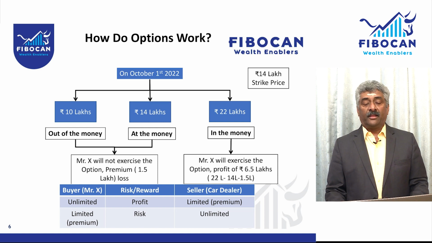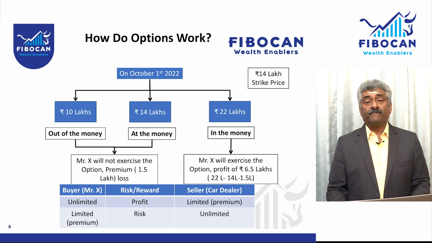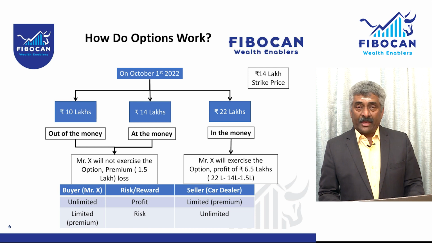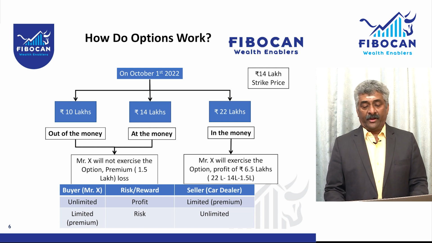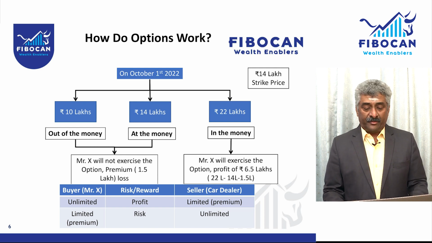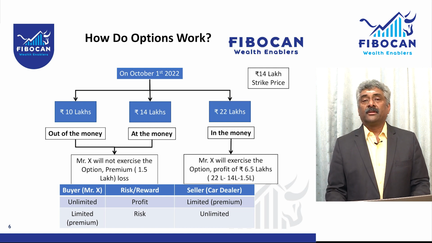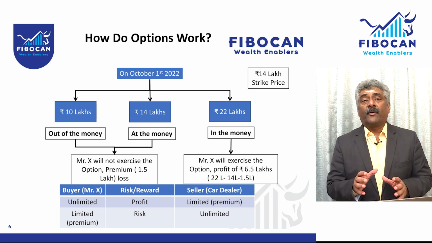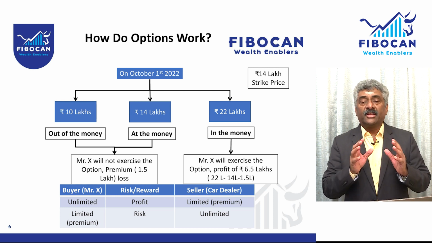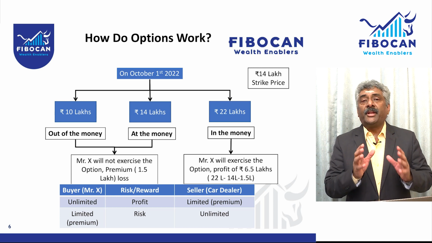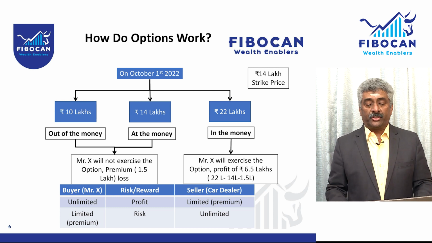For the buyer it is unlimited profit. For the seller it is limited. The risk for the buyer is limited to the premium paid, whereas for the seller it is unlimited. Hope you understand thoroughly. So this is a type of option called a call option. In this option, the buyer has the right to buy, but not the obligation to buy.